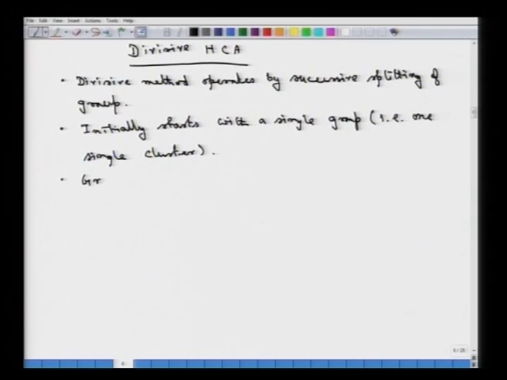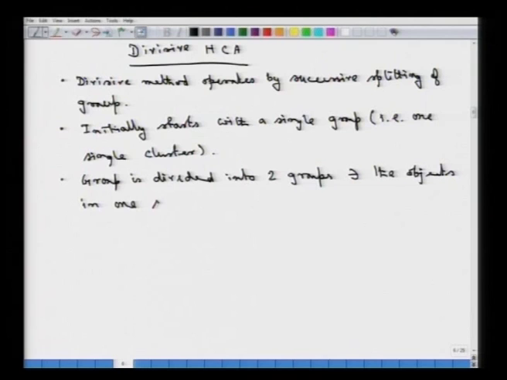Then this group is divided into two subgroups, mutually disjoint, such that the objects in one of these subgroups are as far as possible from the objects in the other group.